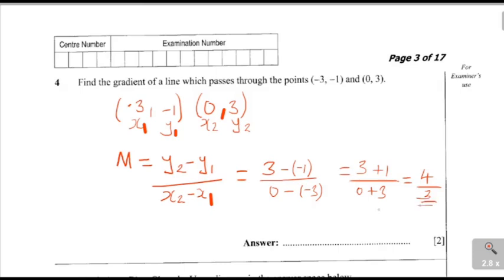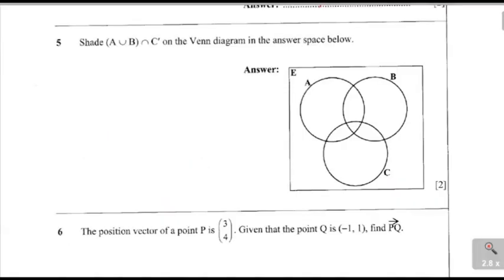So this is your gradient, or you can write it as a mixed fraction by saying 3 into 4 is 1, remainder 1 over 3. So this is your answer as your gradient. Okay, we now come to question 5.